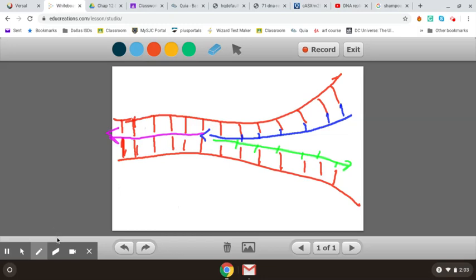And by the time they fall off, what you're going to see on this top side is a new piece of DNA with a portion of the original strand, the red strand. And the complement to that red strand is going to be brand new. And that polymerase just made that complement.